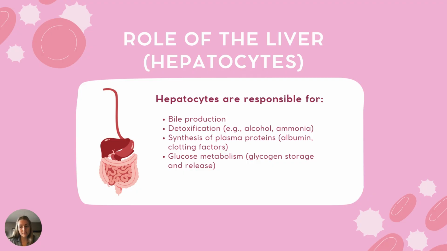They detoxify harmful substances like alcohol and ammonia, and they make important proteins like albumin and clotting factors. They also regulate blood sugar by storing and releasing glycogen. When these processes fail, the effects show up throughout the body because the liver is part of the digestive system and it's connected to everywhere else inside of our bodies.